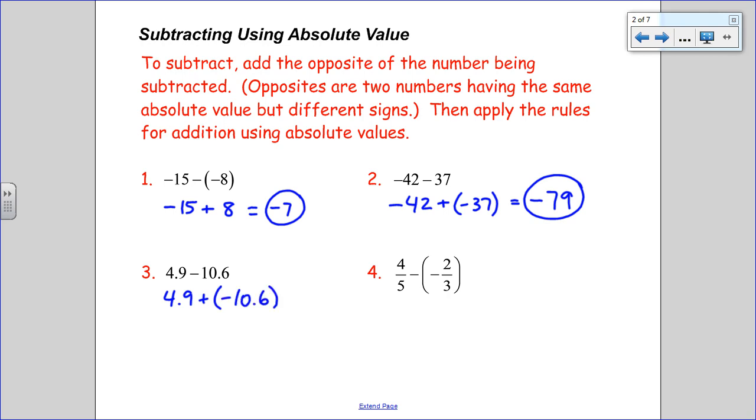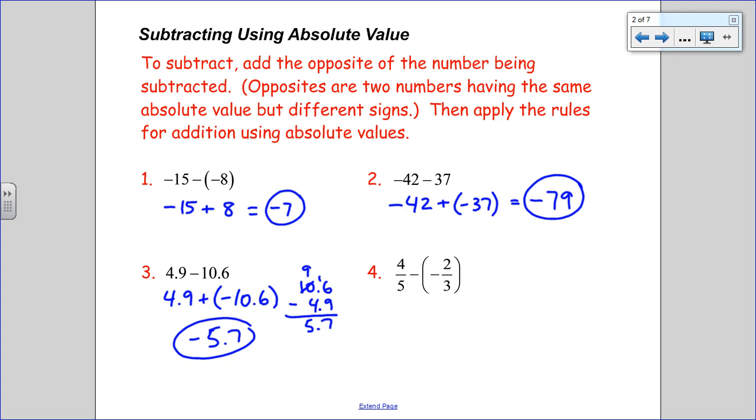And then noting that these two numbers we're adding have different signs, we will subtract their absolute values, 10.6 minus 4.9. Then we take the sign of our answer from the number having the larger absolute value, which in this case was 10.6. So we have negative 5.7 as the answer to our subtraction problem.